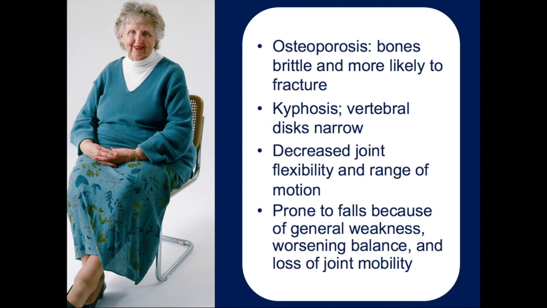And then I want to talk about kyphosis a little bit and what this is and why you should pay attention to this. So kyphosis is when the discs located between the vertebrae in the spine start to narrow. And this can cause the characteristic curvature of the spine. And this is actually quite common.